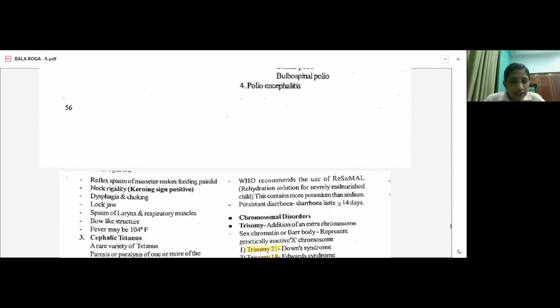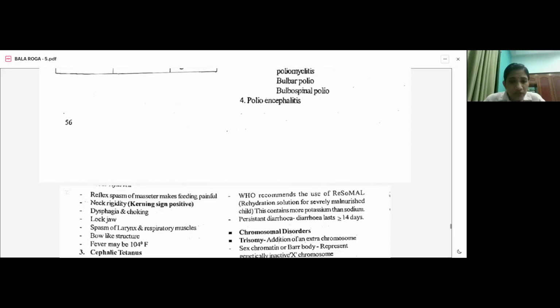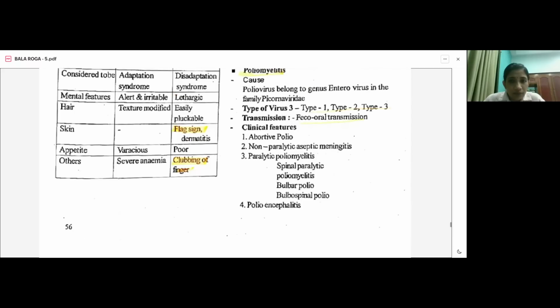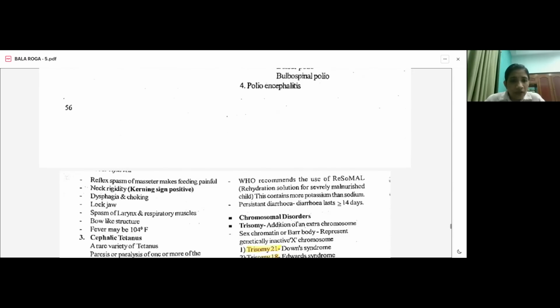And the Kernig sign is positive in case of poliomyelitis also, that is neck rigidity. So Kernig sign is mainly seen in meningitis. And in case of poliomyelitis, polioencephalitis, the Kernig sign or the neck rigidity is present. So the baby presents with this Kernig sign, and dysphagia, choking and lockjaw are present.